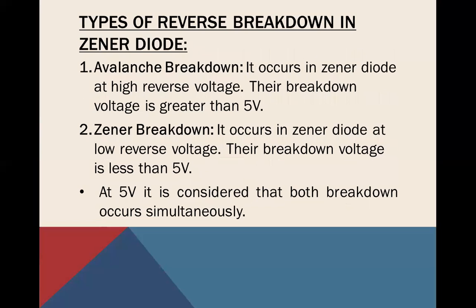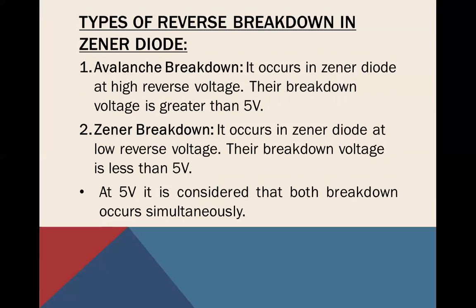If we talk about the types of reverse breakdown in a Zener diode, there are two types: avalanche breakdown and Zener breakdown.